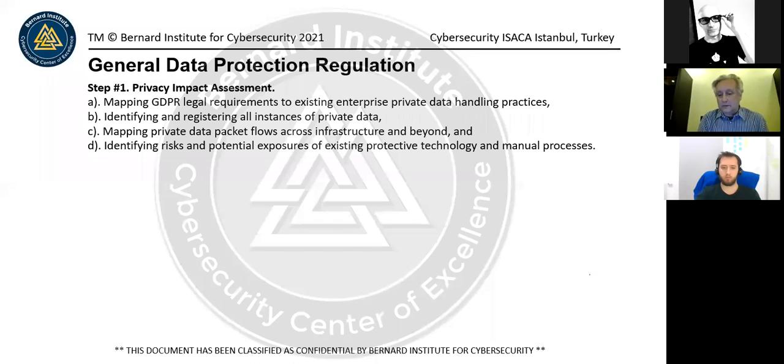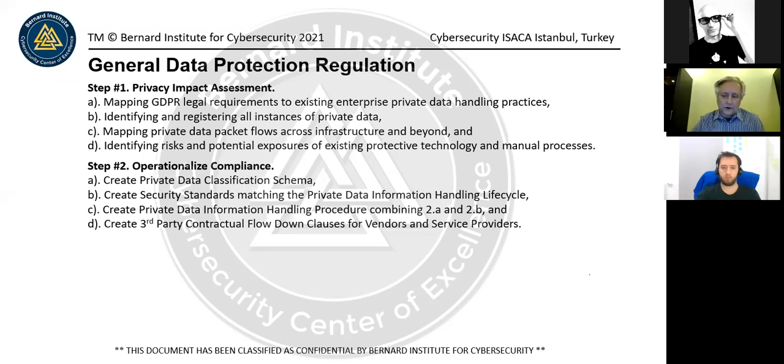And they should be writing a PIA for each of those instances in case they're ever asked by the GDPR Council, what instances do you have and why do you have them? Because the privacy impact assessment would clearly tell them why they have it, why they're collecting it, and how it complies with the GDPR. So you could easily shut down any kind of a discussion that could escalate into maybe an investigation if you have up-to-date PIAs for every instance that you collect data.